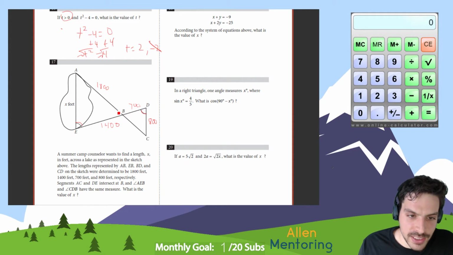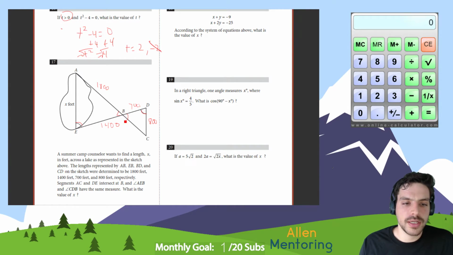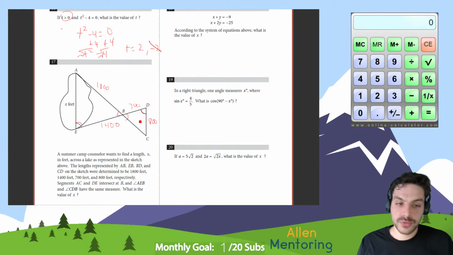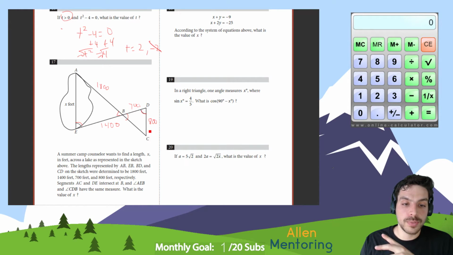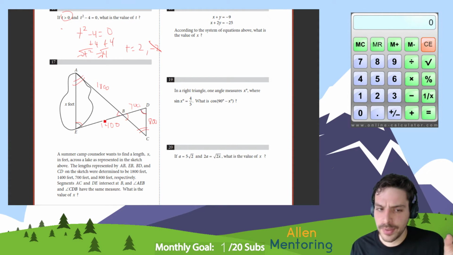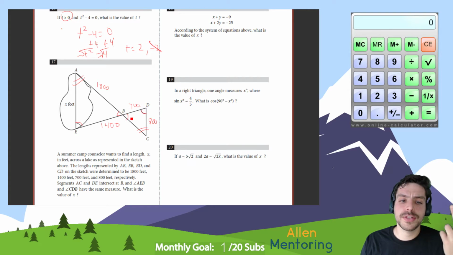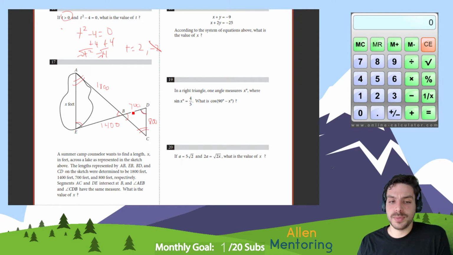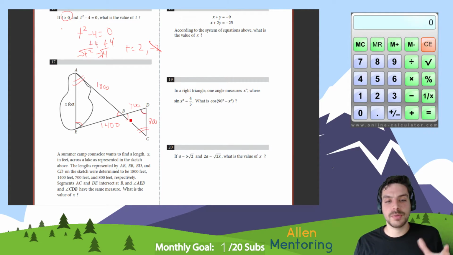In our case, these opposite angles are equal, and they also tell us that these two angles are equal to each other. If we know that two angles are the same, then the third angle must also be the same. That's what they call the AA similarity postulate. It's a weird name, but as long as you have two angles that are the same, the third angle must also be the same. In this case, these two are similar triangles.